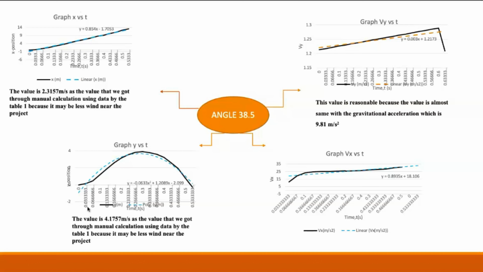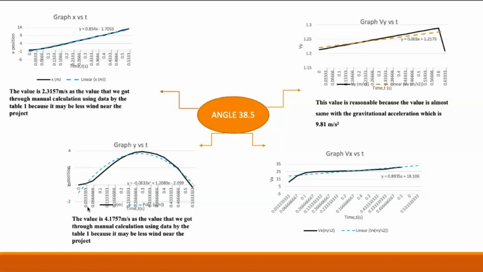Okay, let's go for the angle 38.5 degrees. It's quite interesting, right? For graph S over T, we get the value 2.3157 meters per second, as the value that we got through manual calculation using data from Table 1, because it may be less wide near the projectile.